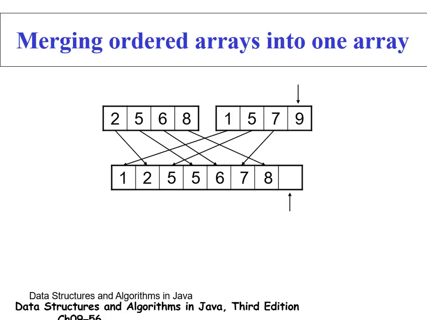Copy. Good. Copy what? Yeah, which one? It depends. Right? So it depends. If point A is more than length, okay, A greater than or equal to A dot length, then what?